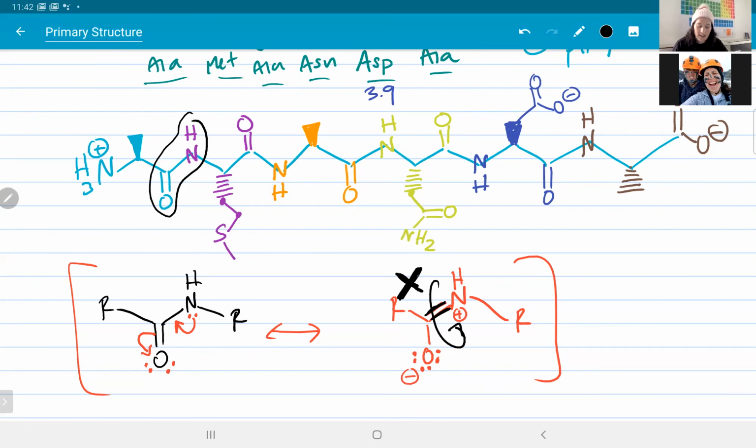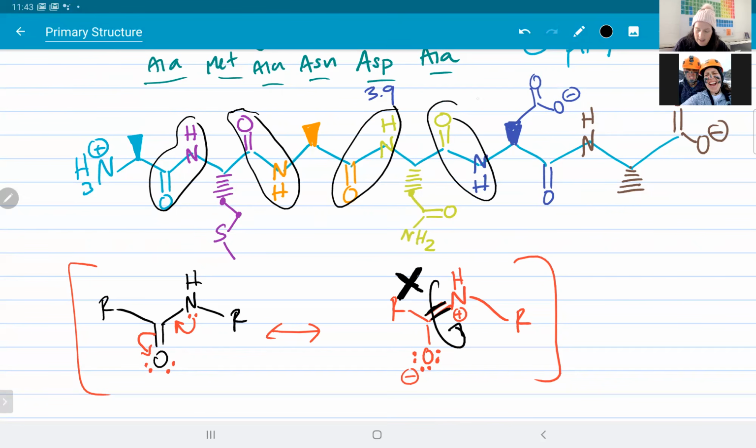So it's stuck. Therefore, if we highlight all of these amide bonds, there is no free rotation around any of them. They're all planar, flat in the page.